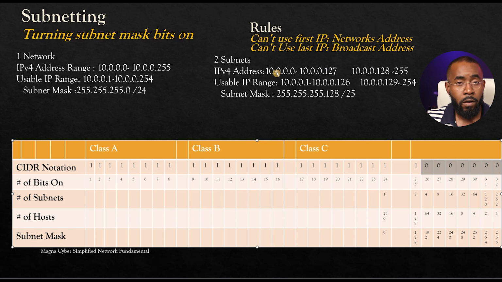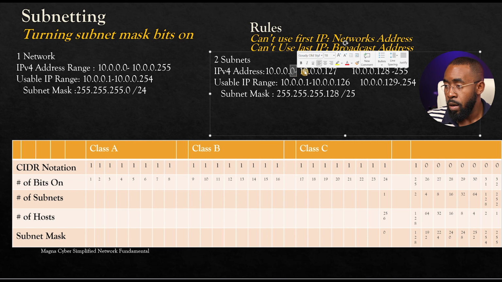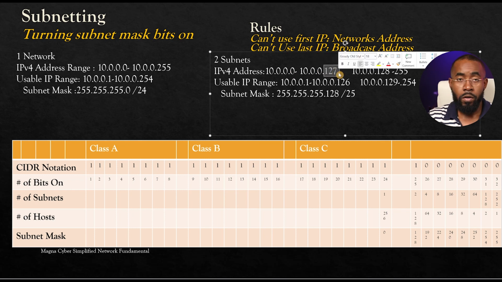Let's find the range of IP addresses in each one of these new subnets. You're going to start the first range with 0, and you're going to stop at 127 because you have a total of 128. From 0 to 127, that gives you 128.